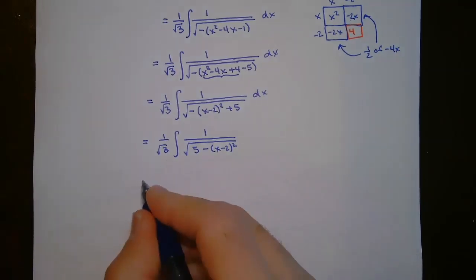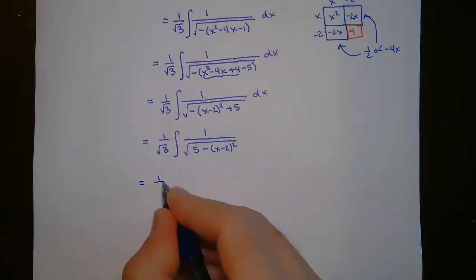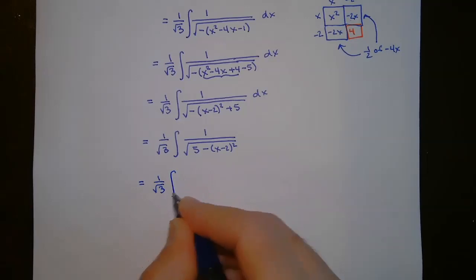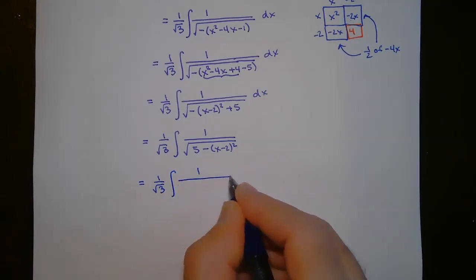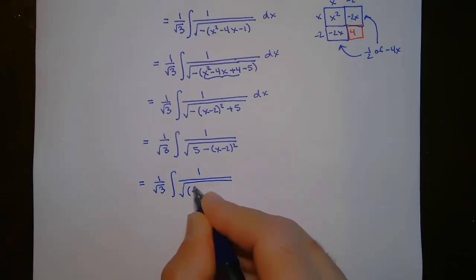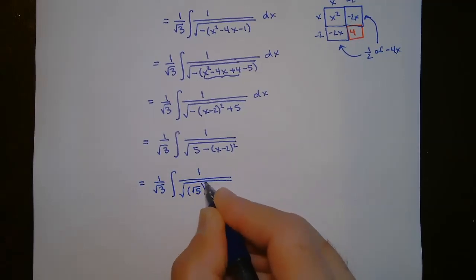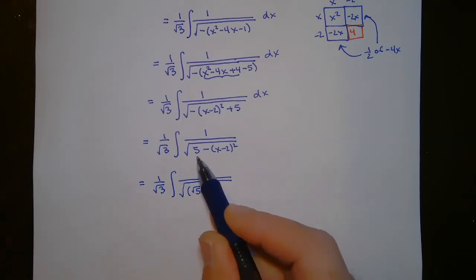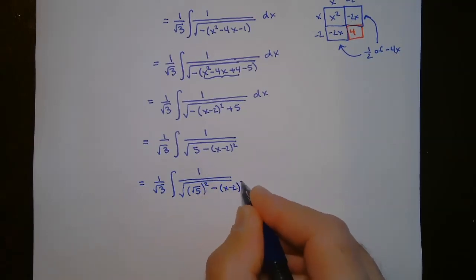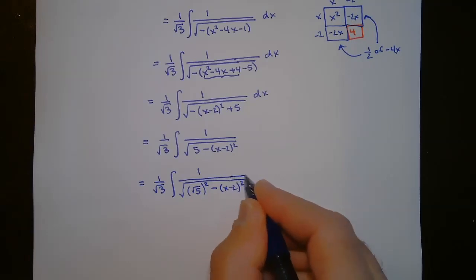So this would be equal to 1 over the square root of 3 times the integral of 1 over the square root of the square root of 5 squared, because the square root of 5 squared is 5, minus x minus 2 squared. And now we have that form that we need.